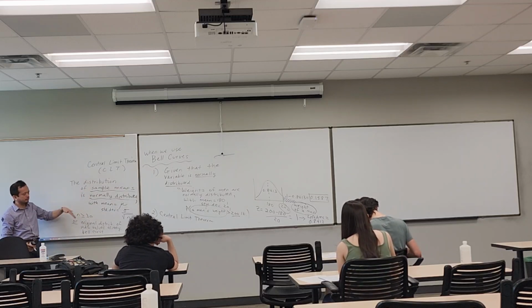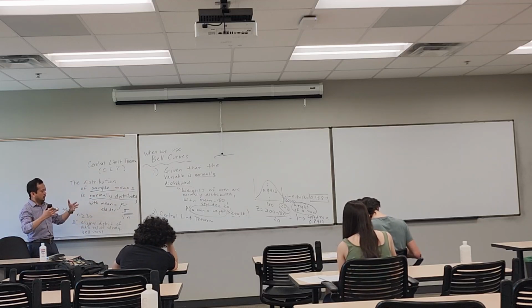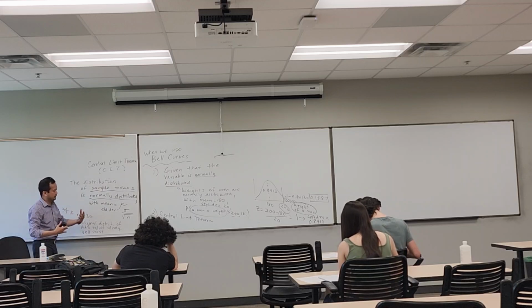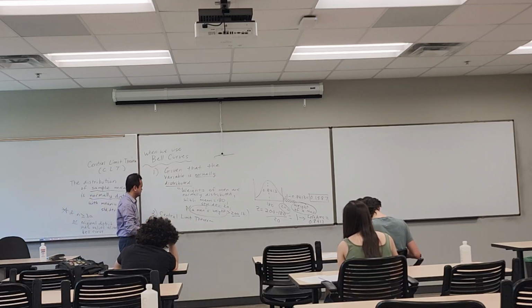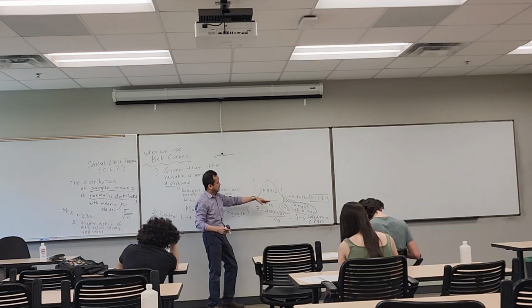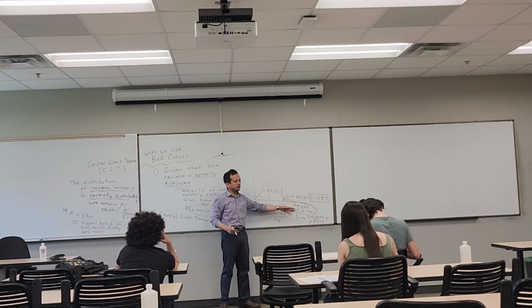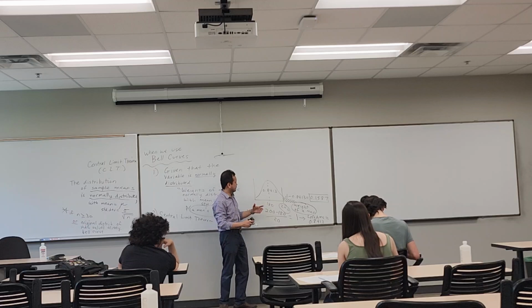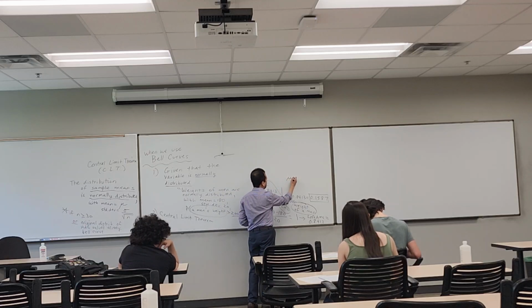This is very abstract, but let's make it concrete with an example now. So let's say that we take this distribution of weights of men that has this mean of 180 and the standard deviation of 20.